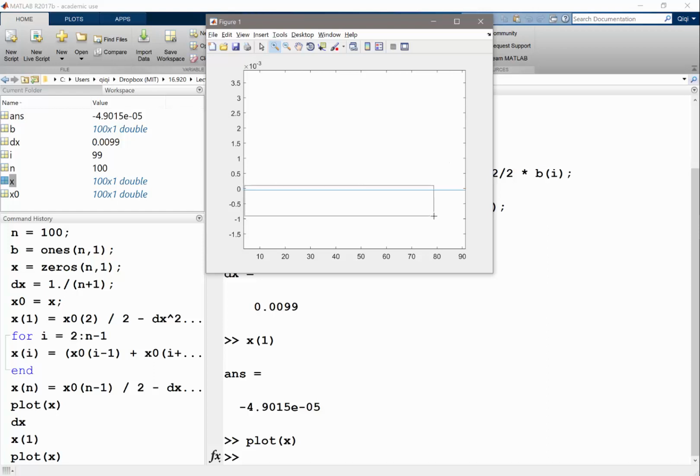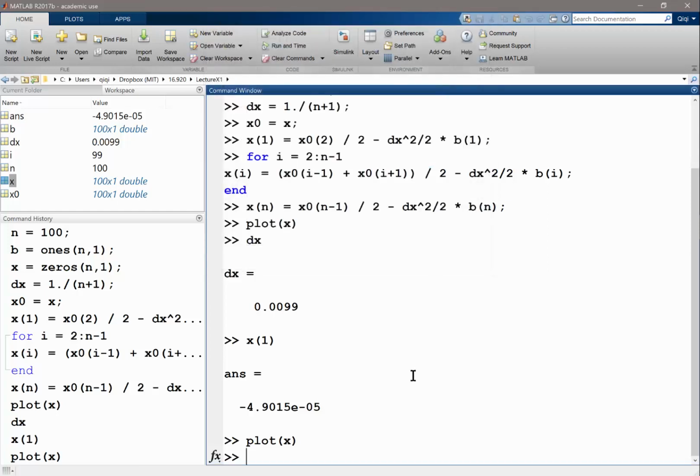Oh, yeah, it's not 0. It's just a weird range. It's actually a very small negative value. So that's one iteration.